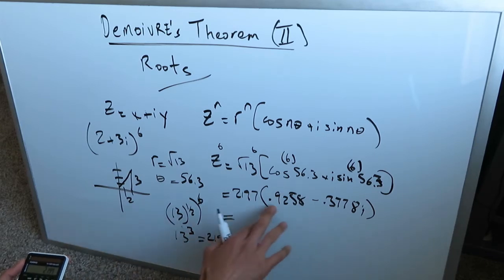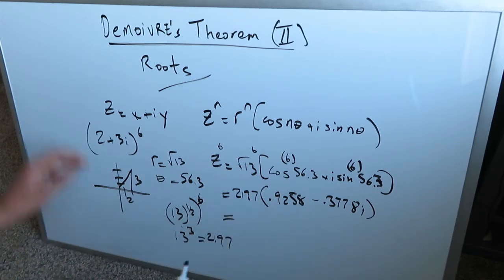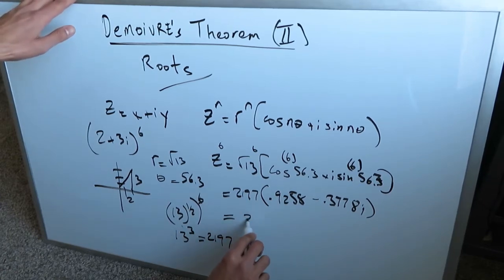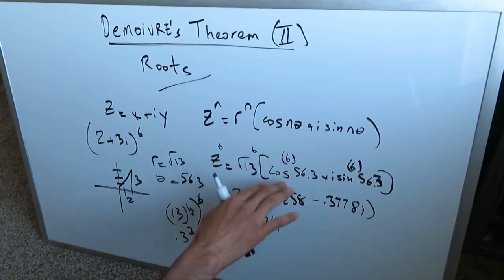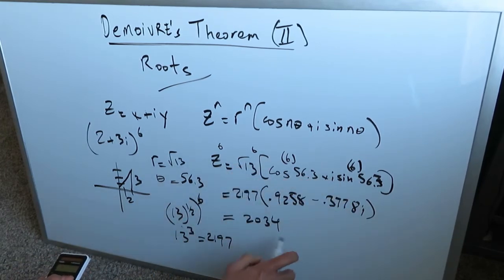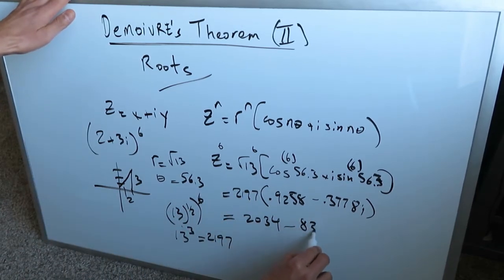So we do 2197 multiplied by 0.9258, and we get 2033.9. Let's just round it up, 2034. We could be off by 1 or 2 digits simply because of the decimal places we're using. And then for our second component, we get minus 0.3778 times 2197, and we get minus 830i.